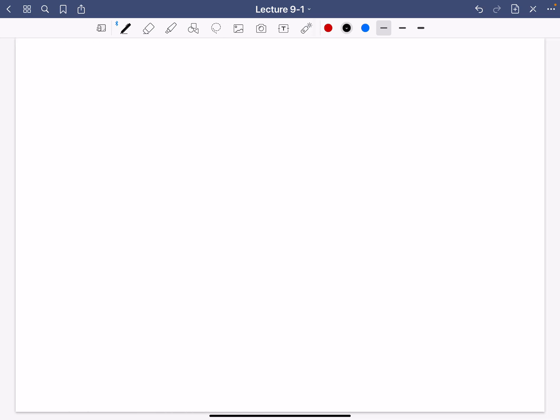Let's prove one last lemma today. So the lemma is that the Lie algebra G is generated as a Lie algebra just by the EI and the FI, for I in the index set.